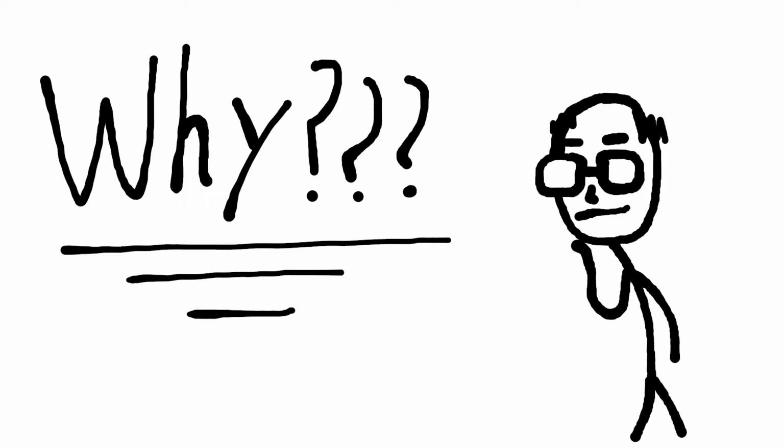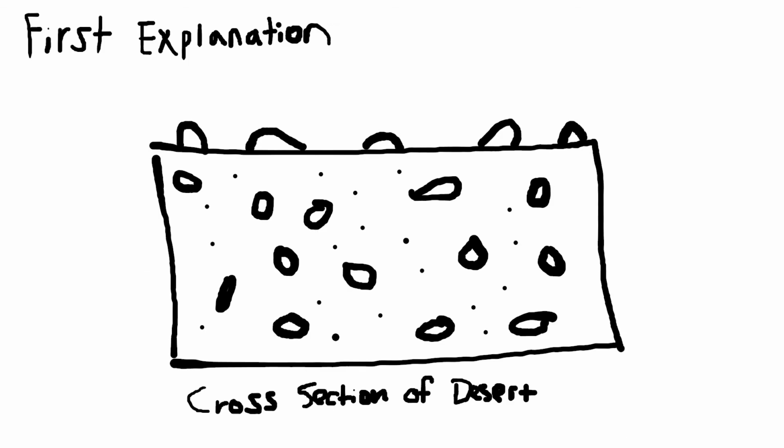Now, the question of why desert pavement exists at all has been interesting for geologists to tackle. For a while, it was explained through the idea that through natural processes over geologic time, the makeup of the original desert floor was very poorly sorted, just a mix of sand, silt, pebbles, cobbles, all the way up.